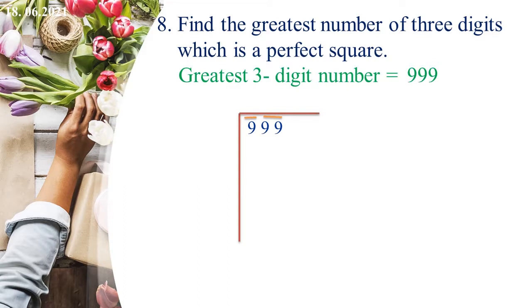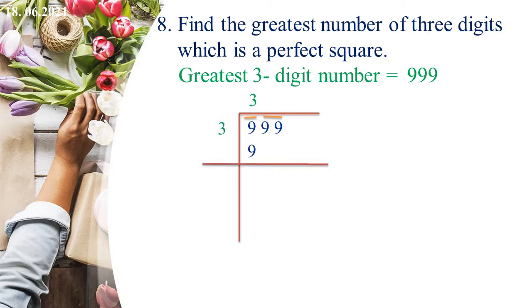Then, we should find the largest number whose square is equal to or just less than the first period. Here the first period is 9. So, 3 square is equal to the first period 9. So, take the number 3 as the divisor and 3 as the quotient. Then multiply 3 and 3, we will get 9.